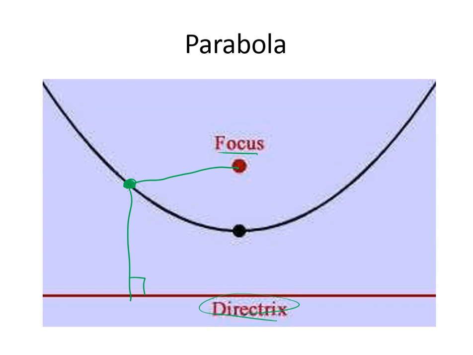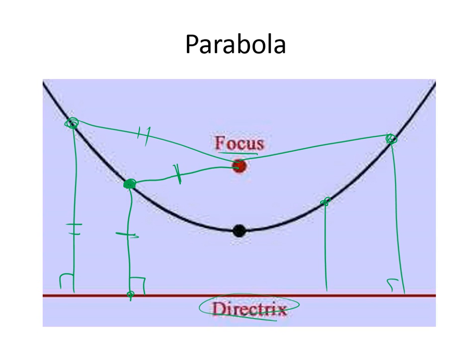Okay. The distance from the focus to that point is the same as the distance from the directrix to that point. Okay, and that's true no matter where you are on this parabola. It's always true, no matter what point you take.